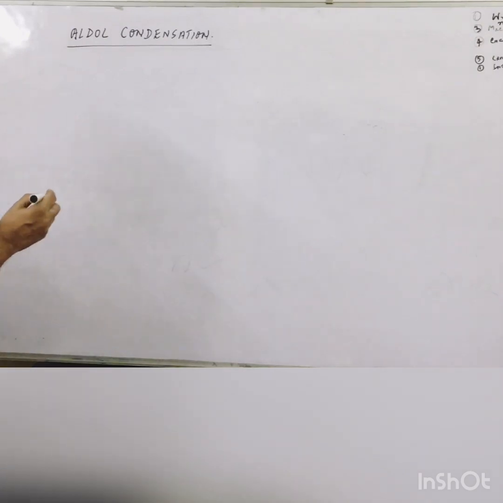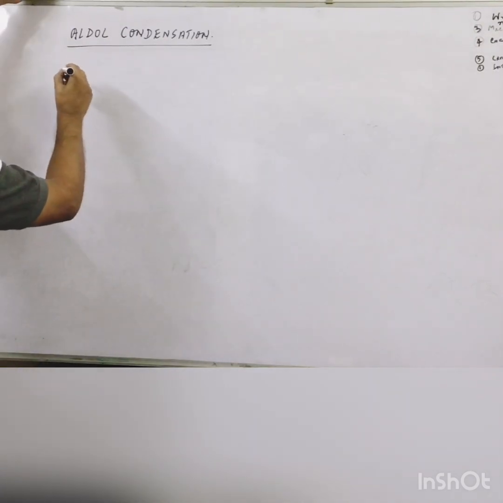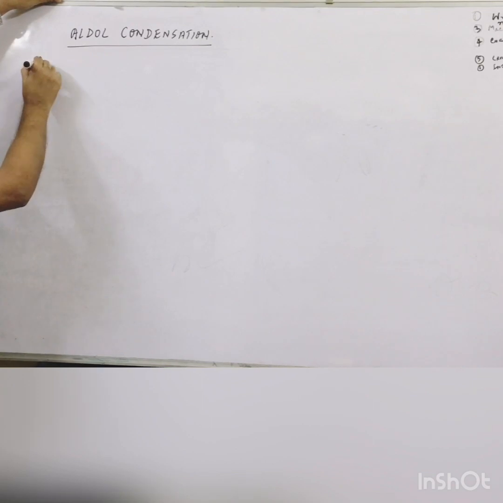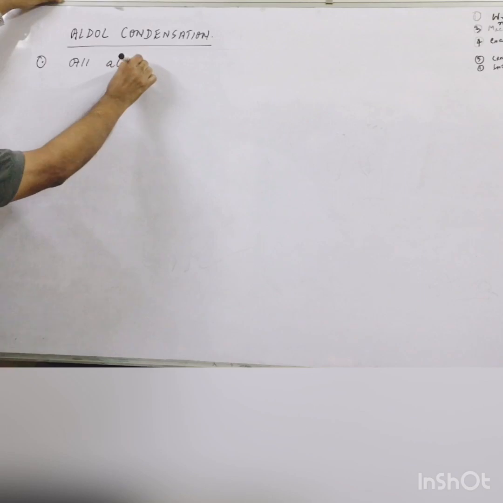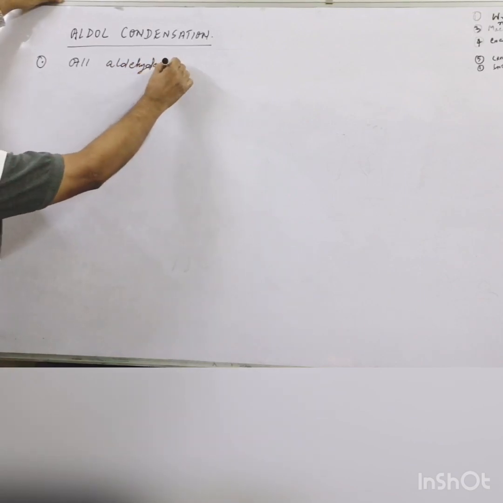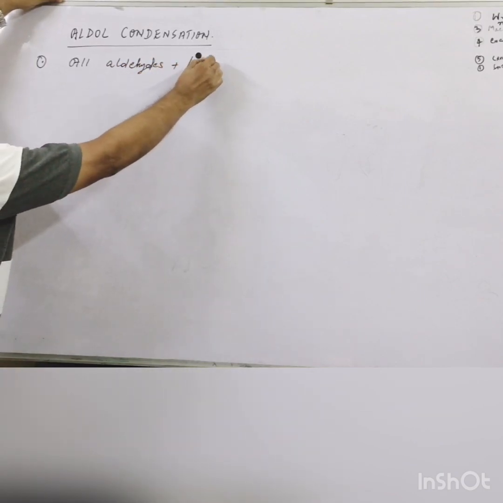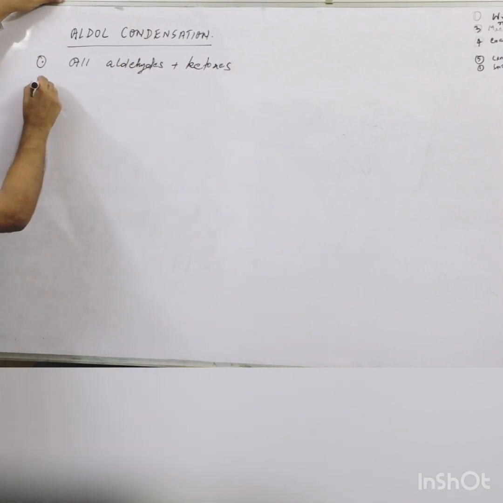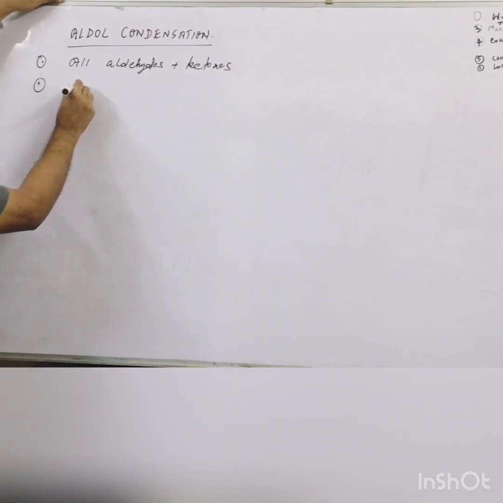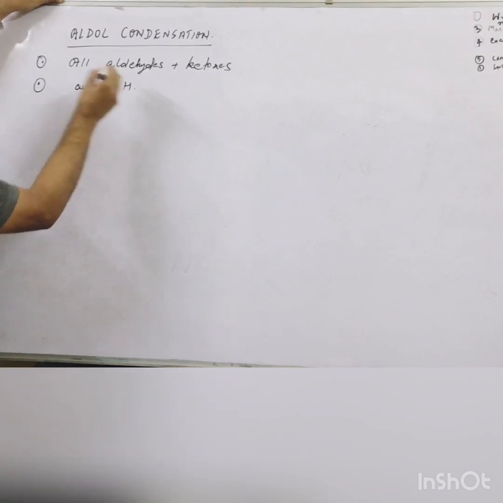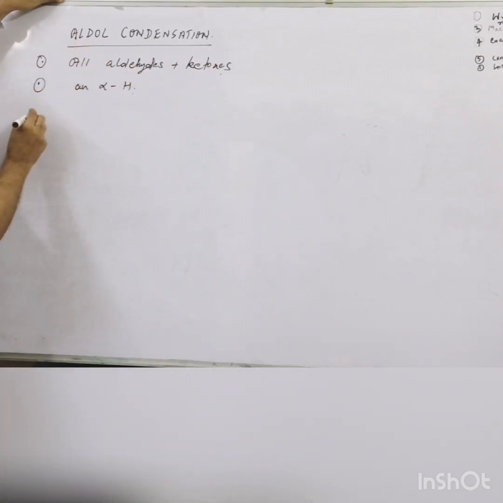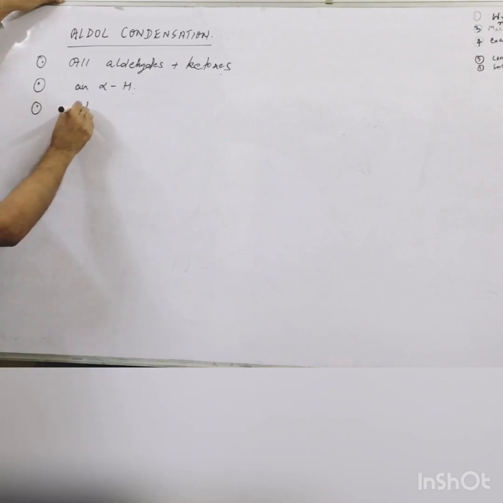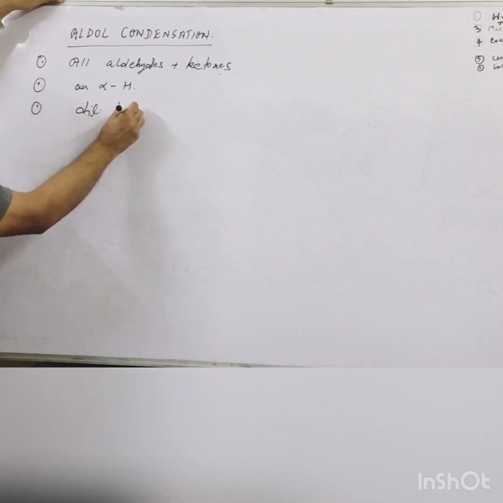Aldol condensation is a reaction given by all aldehydes and ketones which have an alpha hydrogen, when such an aldehyde or ketone is allowed to react with a diluted base.